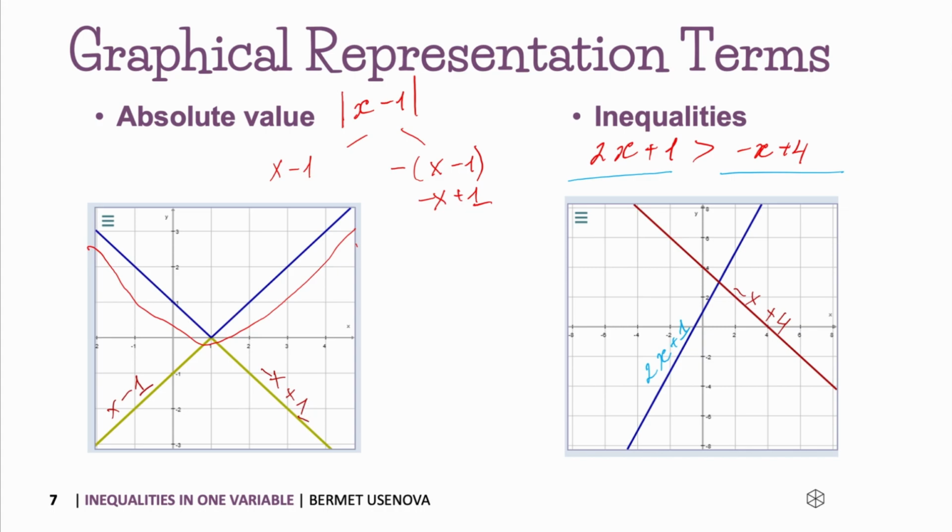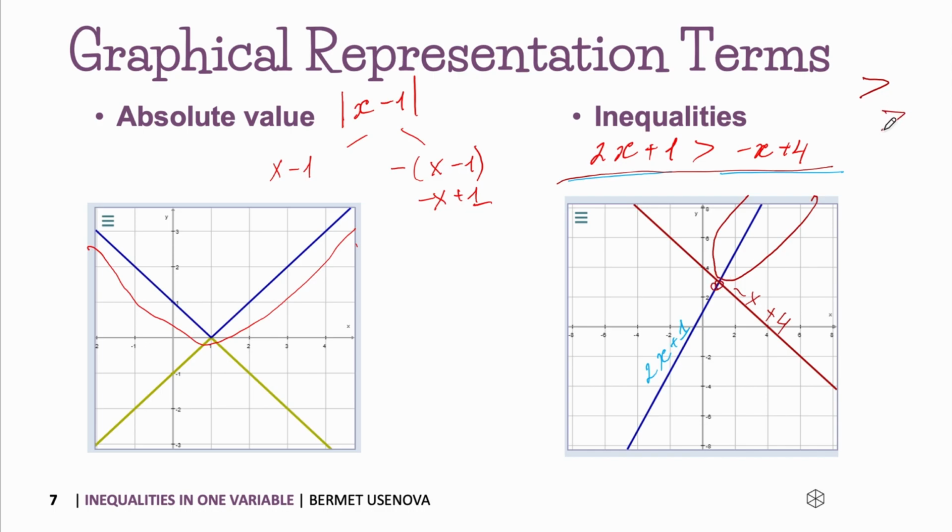If we look at this inequality above, we're interested in all x's which lie above the intersection with minus x plus 4. In other words, this is our solution set for the inequality. If we have just this sign, greater than, then the intersection point will be empty and it's not included.